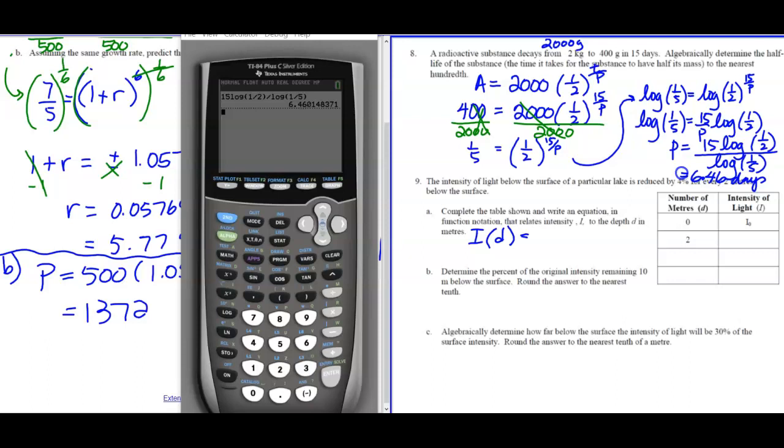So that's the number of meters below. That's at the surface. Then 2 meters below, it's reduced by 4%. So that means 100% minus 4% is 96%, which is 0.96. And so you're multiplying that by 0.96.